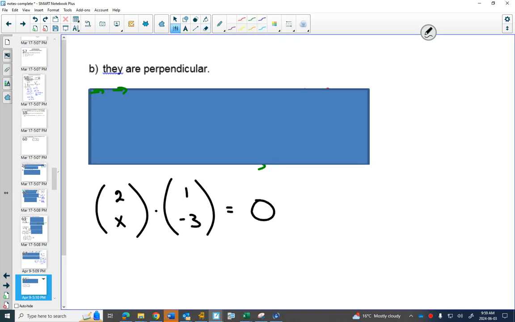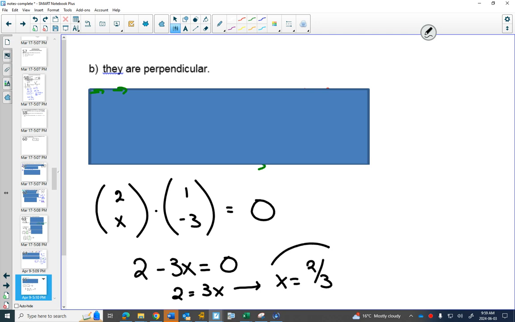And that dot product has to equal 0 if they're orthogonal or perpendicular. I would probably write it this way. And then I would get 2 minus 3x has to equal 0. And you get x is equal to 2/3.